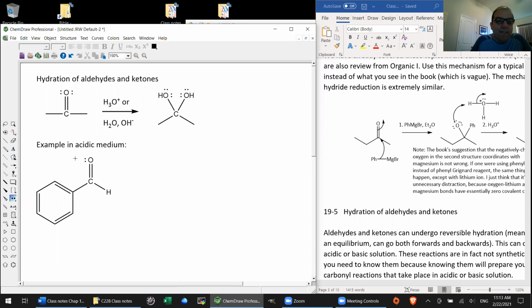So here we have benzaldehyde. And let us suppose that we treated this with dilute aqueous acid. That could also say H2O and H2SO4, you know, that you could be given that in any number of different forms.